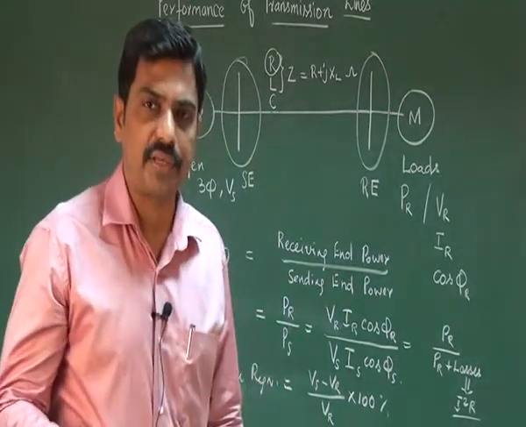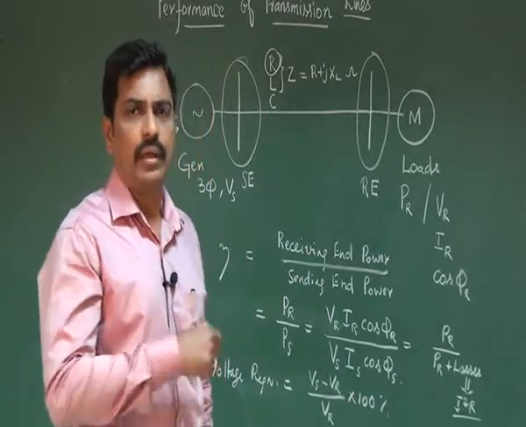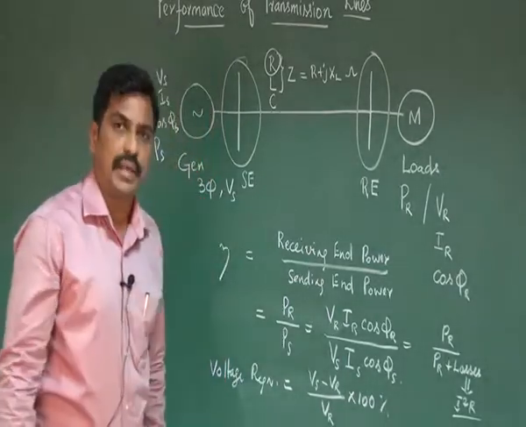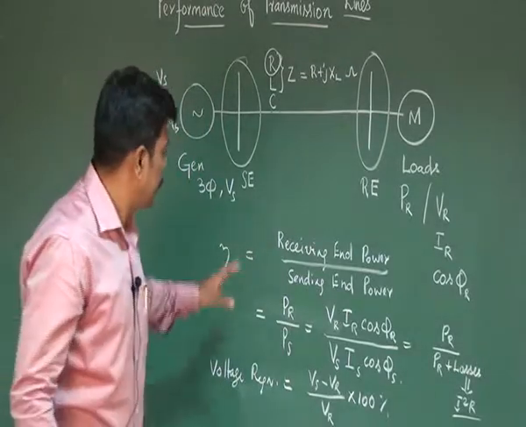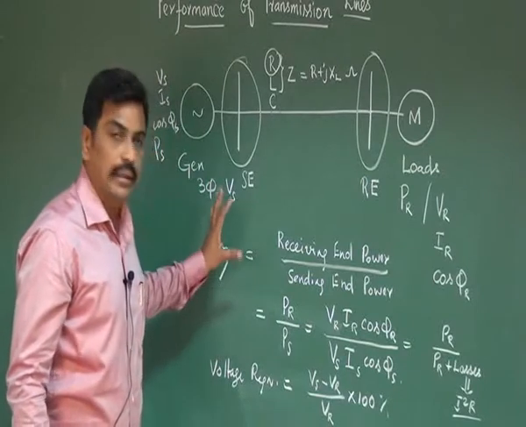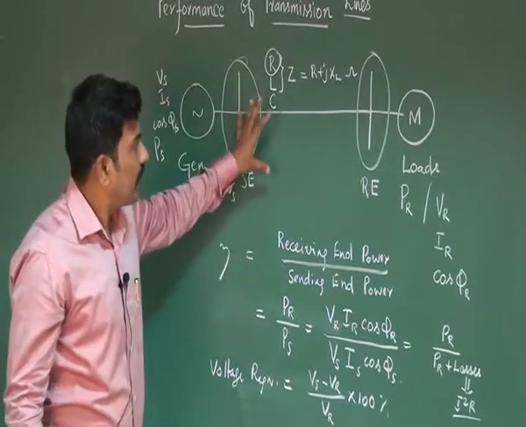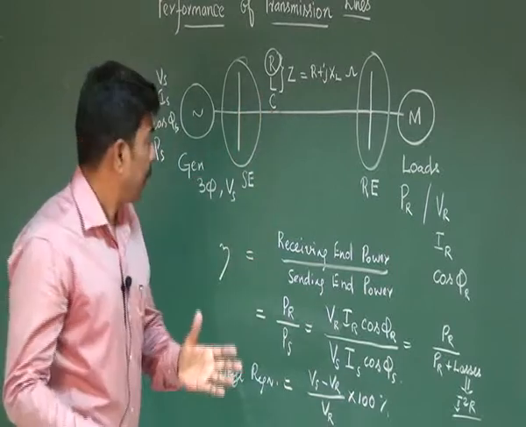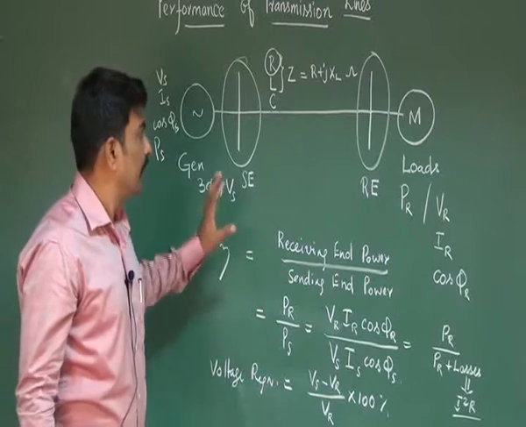Whenever you have shunt capacitance, it is somewhat tedious to understand the concept of voltage drop and to obtain the performance of transmission lines. Anyway, before going for the process of obtaining performance considerations, let us see how these parameters are concentrated.